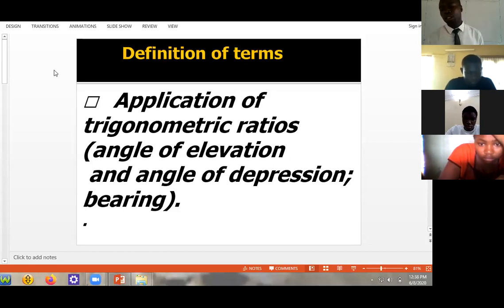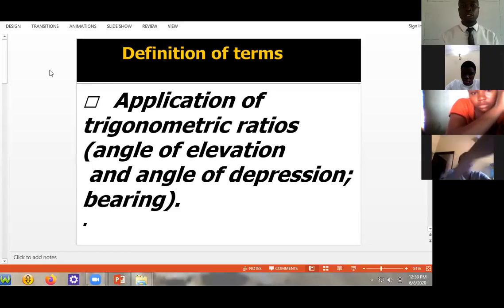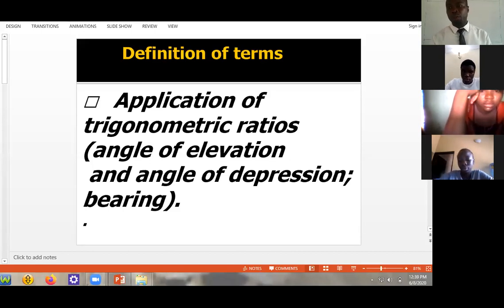I promise you that we are going to be doing bearing in our next class by the grace of God. So today we are going to be looking at angle of elevation and angle of depression.